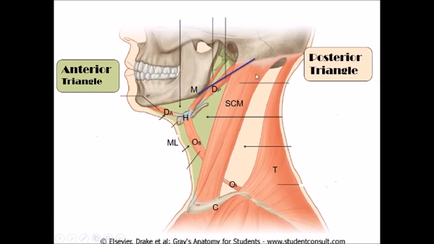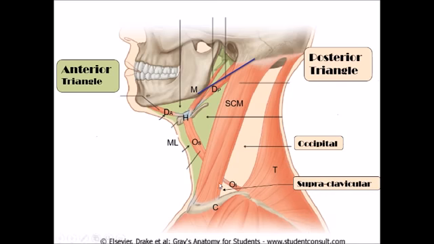So if they ask you the boundaries of the posterior triangle, in the front we have the sternocleidomastoid, behind we have the trapezius, and below we have the clavicle. The base is formed by the clavicle. Now if we want to study the boundaries of the smaller triangles within the anterior and posterior triangles, the posterior triangle, as you remember, is divided into two triangles: the occipital triangle and the supraclavicular triangle.